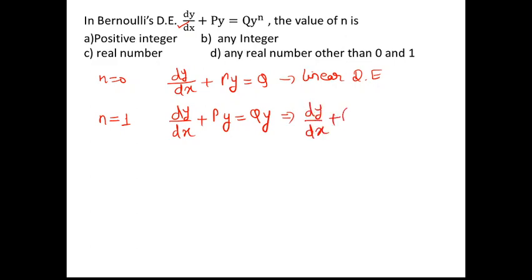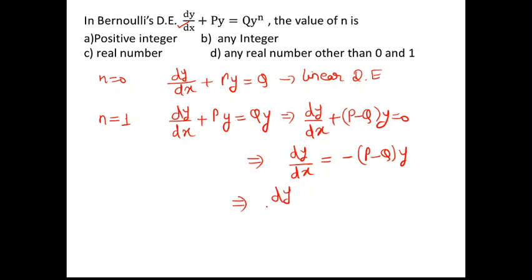So we can have this as dy by dx plus p minus q times y is equal to 0, which can be further written as dy by dx is equal to minus of p minus q times y. And if you look at this equation, this reduces to the form of variable separable, right? This reduces to the form of variable separable.